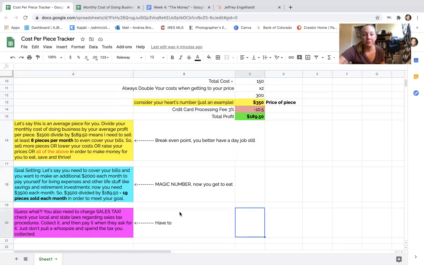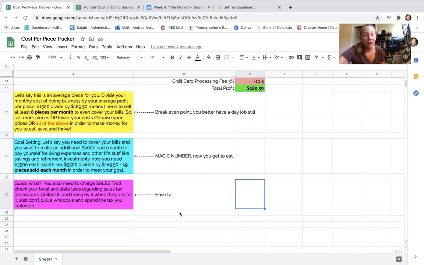Now, don't forget, all right, you're a business. You should have set up as a legal entity, okay, which means you need to be collecting sales tax, okay? You collect sales tax on the sale, and then you have to pay the government not only the sales tax you collected, but you have to have a license to do it, okay? You have to pay for that.